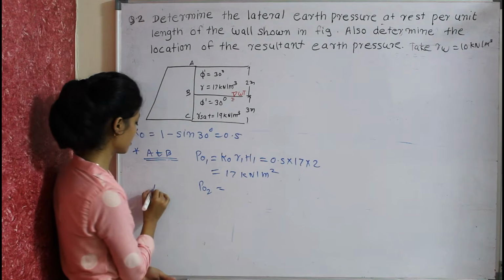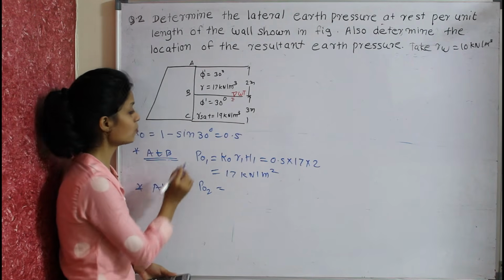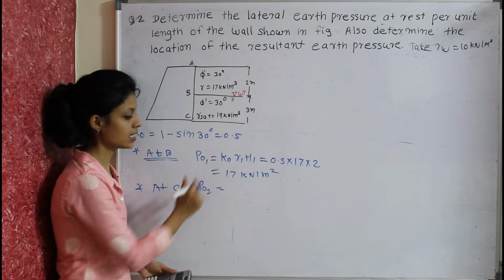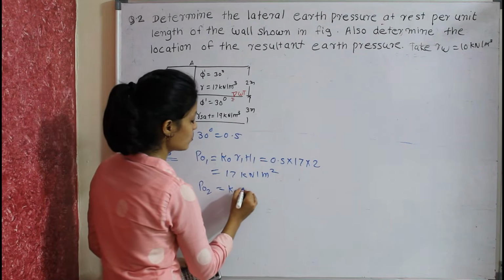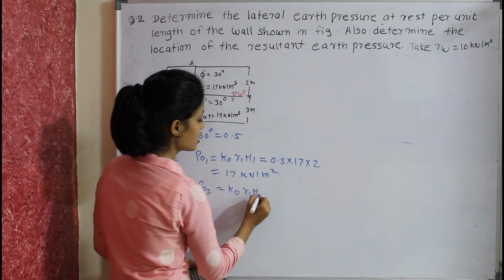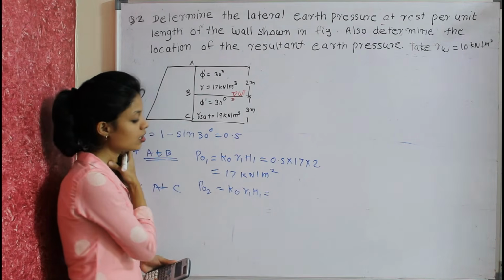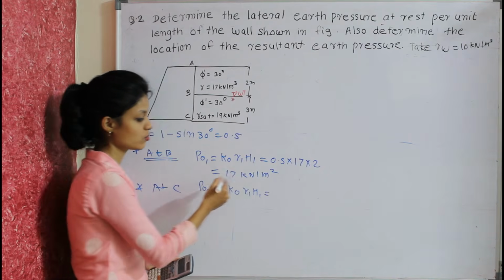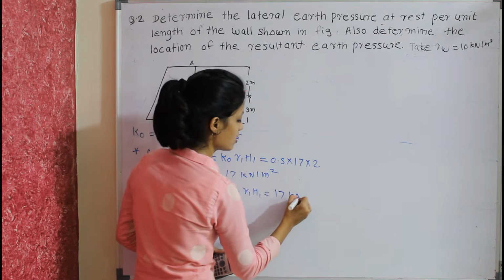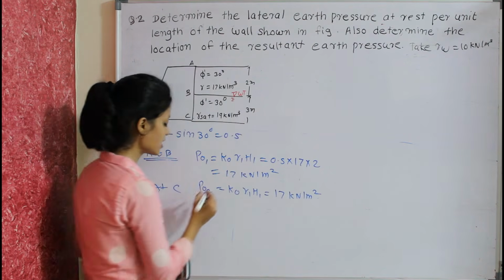P02 at C due to the first layer is K02 into gamma 1 H1. In this case K02 and K01 are the same, therefore both values are the same, 0.5 into 17 into 2, so the answer is 17 kilonewton per meter square.